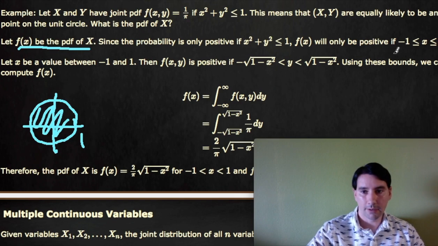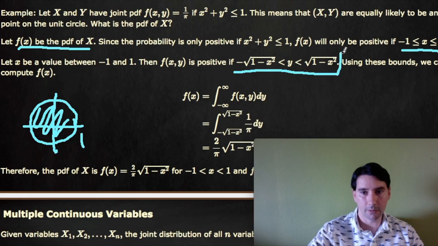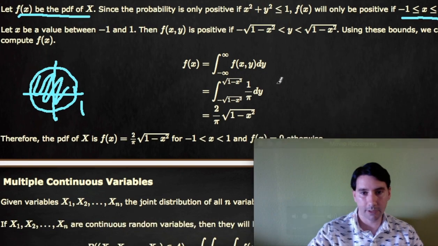So X is going to be between negative 1 and 1, and f of x, y is positive only if negative square root of 1 minus x squared is less than y is less than square root of 1 minus x squared. So using these bounds, we get for any value x between negative 1 and 1, f of x is equal to the integral from negative root 1 minus x squared to root 1 minus x squared, 1 over pi dy.